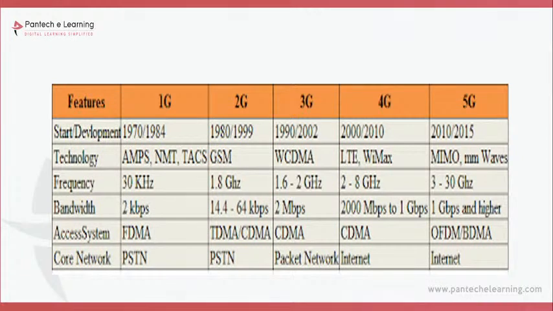Then come to the third generation. What happened in the third generation? This 3G network was introduced in 1998. Its starting period was 1990, and by 1998 the 3G network was introduced successfully.